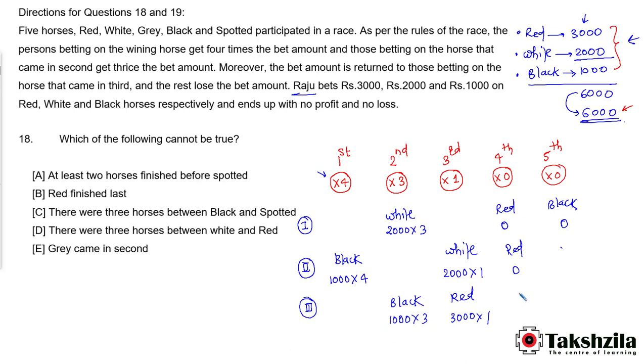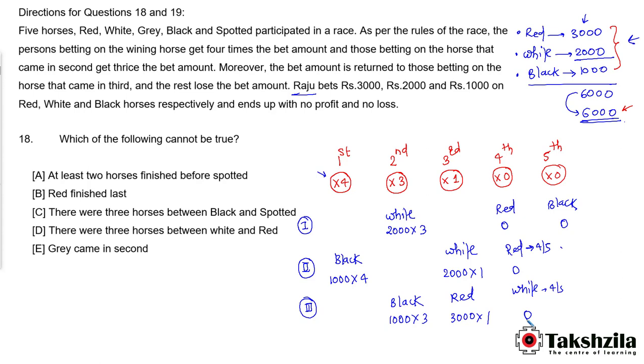Now the remaining is white. White comes either 4th or 5th. Over here also red comes either 4th or 5th. Over here white comes either 4th or 5th. It will become 0. So these are the three possibilities. Now is there any other possibility? Let's check.